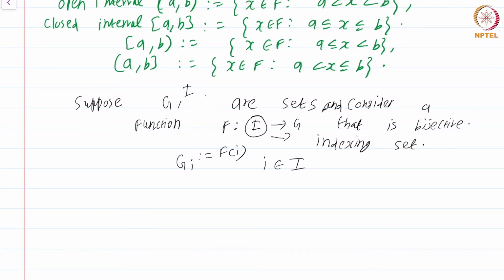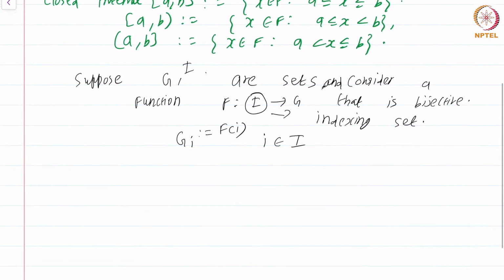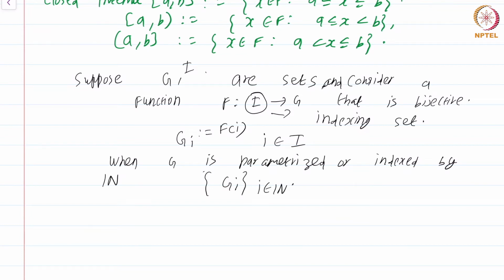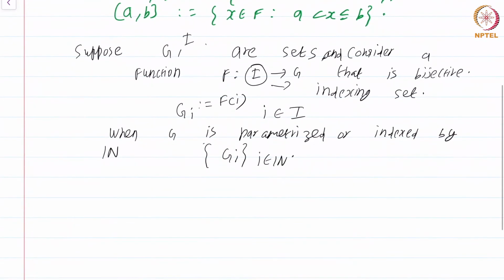So the elements of the set G, which are themselves sets, if you recall our module on axiomatic set theory, can be parameterized by the set I. So when G is parameterized or indexed by natural numbers, we often write G_i, i coming from N. This is just a shortcut notation for there is a function f from I to capital G that is bijective.